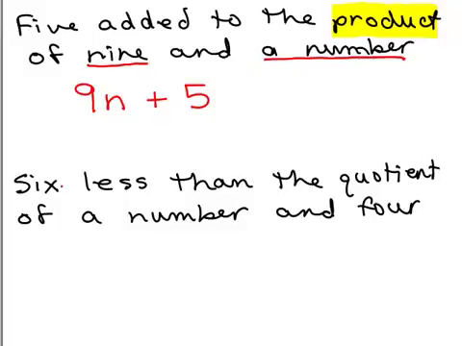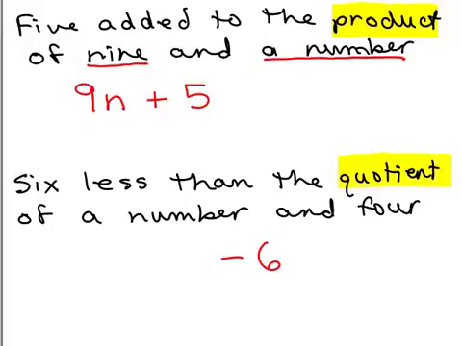All right, next one. 6 less than the quotient of a number and 4. So 6 less than something means I'm going to take away 6 from something. So I know I'm going to subtract 6 from something. Now I've got to figure out what I'm subtracting it from. What am I subtracting 6 from? The quotient. Okay, remember what the quotient means.